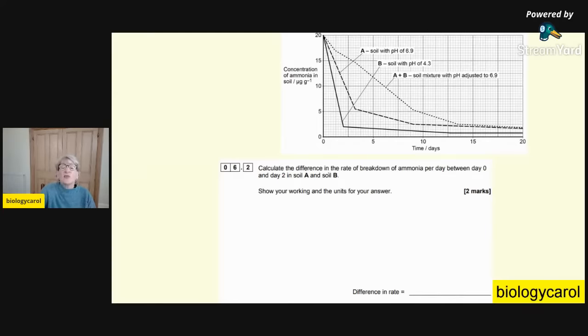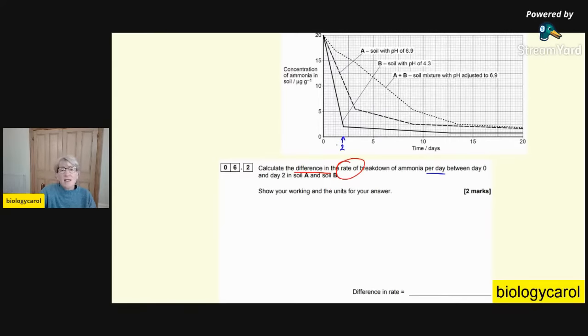Okay, another calculation. Calculate the difference in the rate of breakdown of ammonia per day between days 0 and 2 in soil A and soil B. Okay, so it's the difference in the rate, notice, per day, and it's the difference. So you've got to work out the rates for A and B per day between days 0 and 2, and then take one away from the other.